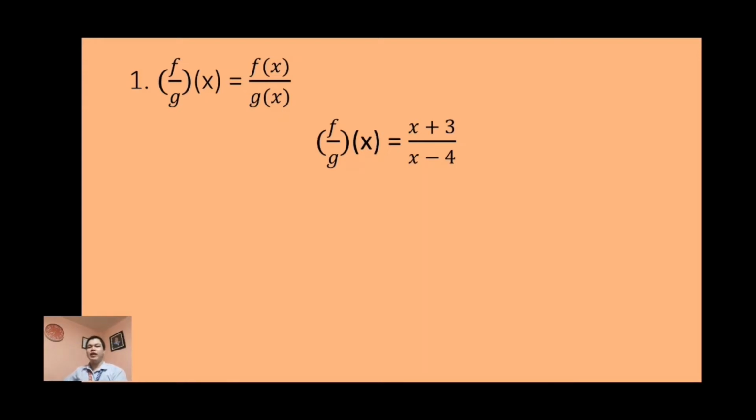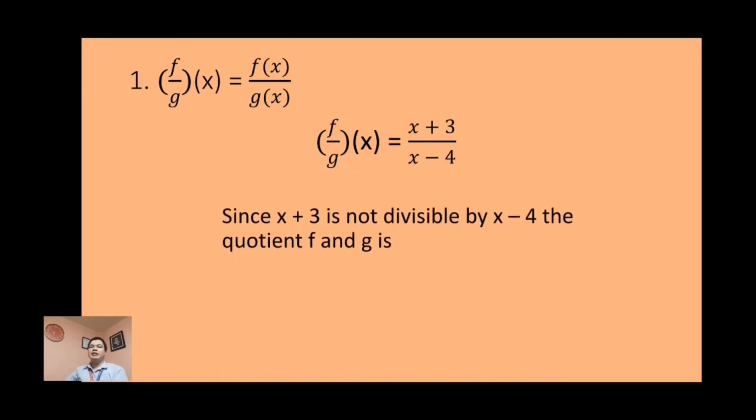The quantity of f divided by g of x is equal to the given value of f of x, x plus 3, divided by the value of g of x, x minus 4. Since x plus 3 is not divisible by x minus 4, the quotient of f and g is equal to x plus 3 over x minus 4.